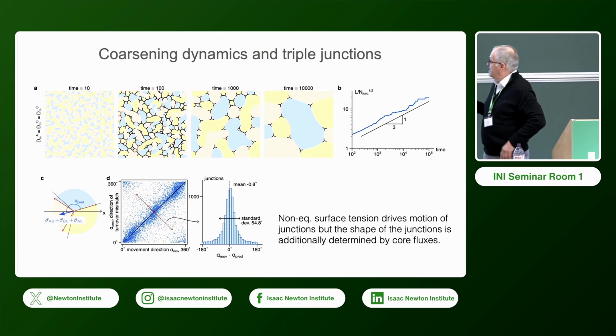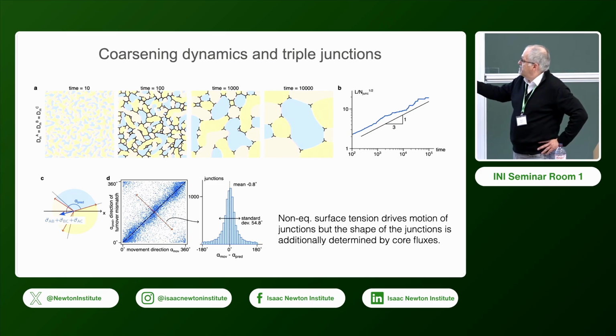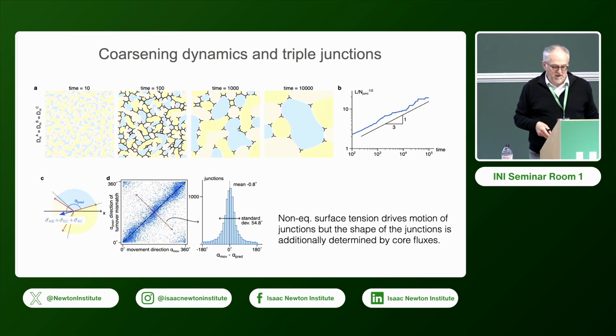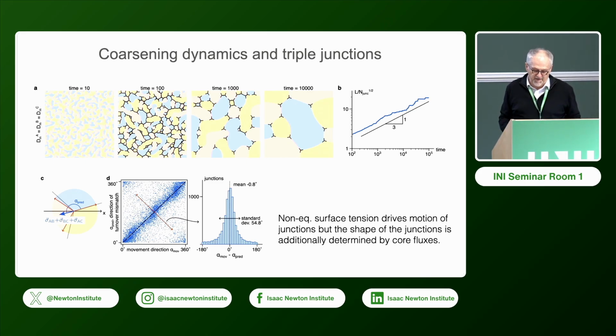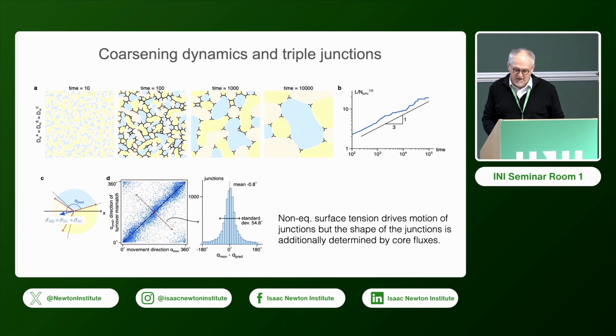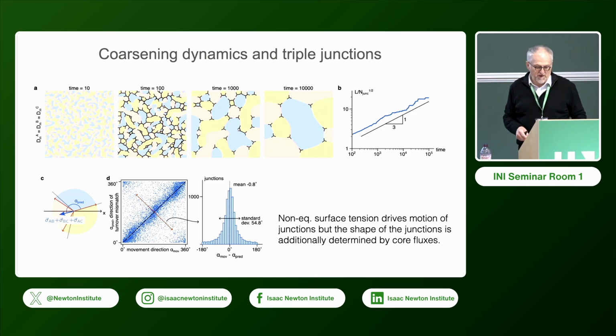In the data, what we see is that the forces, quote, unquote, forces that push the vortices here is actually the sum of the three terms that comprise the surface tension, the non-equilibrium surface tension. And the core term that defines the shape of the junctions is not relevant. So it seems to be that what determines the shape of the junction and what drives the junction's motion is given by different types of tensions and forces, effective forces in the system.